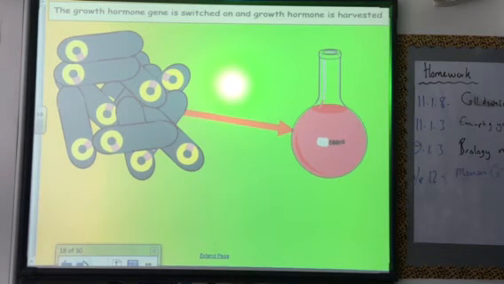Now, Chloe, you said, well, what's the point of that in real life? And I'll tell you the story. There is a gene that makes insulin. Now, who knows what insulin's used for? Diabetes? Yeah. If you're diabetic, you can't make insulin, right? We used to take the insulin from pigs, dead pigs, suck the insulin out and give it to people. And then somebody decided, do you know what?